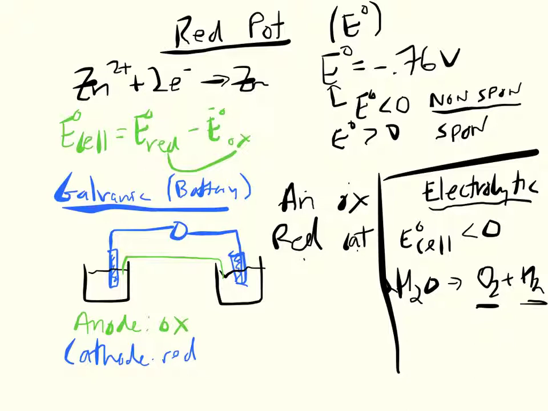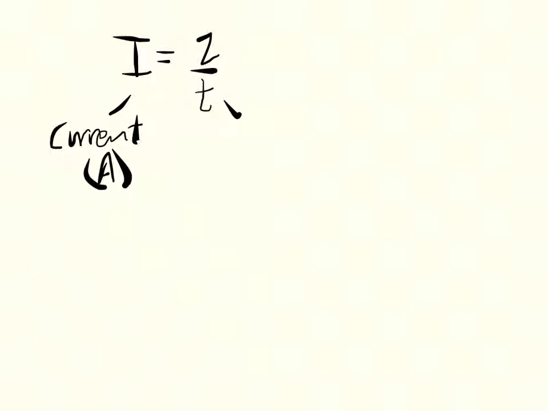We can then quantify that using the equation we learned, I equals Q over t, where I is our current in amperes, t is time in seconds, and Q is charge.